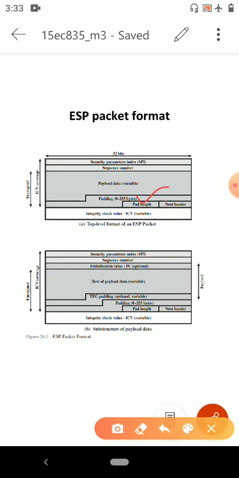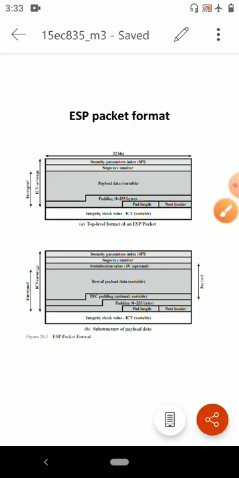Next one is next header field. It is also an 8-bit field, identifies the type of data contained in the payload data field by identifying the first header in the payload. Example is an extension header in IPv6 or an upper layer protocol such as transmission control protocol.